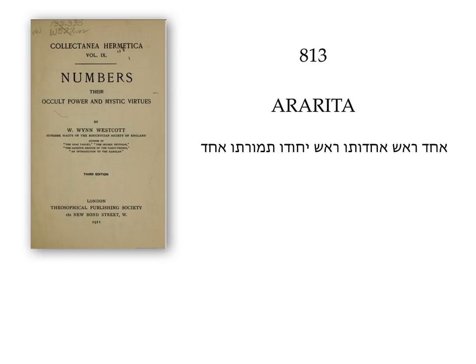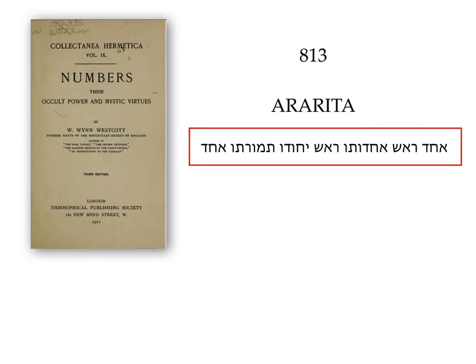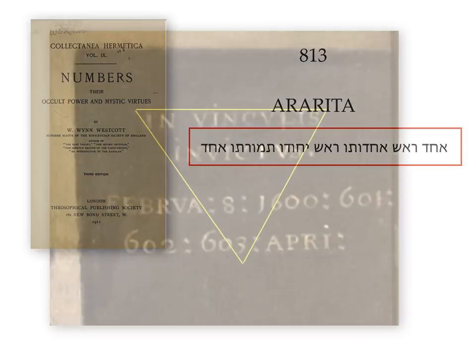The number 813 is the numeration of the word Ararita, an important Kabbalistic word, the letters being collected from the initials of the Hebrew sentence, which is shown there. The translations of the sentence vary, but the simplest is that this individual is of the highest caliber, unique and of the first order. Might this be a description of the man who's been chained but undefeated?